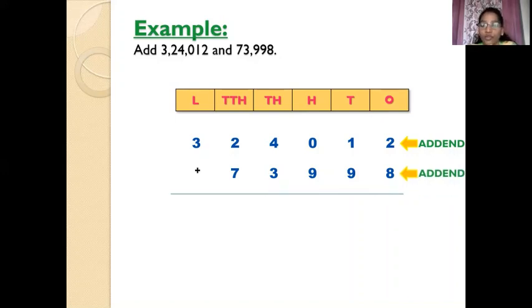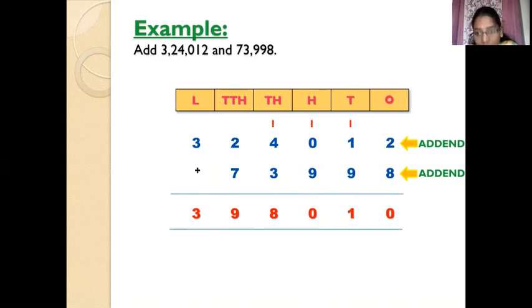Now, we are going to add these two large numbers and let's see what we are going to get. That is 2 plus 8, 10. Then 9 plus 1, 10 plus the carry 1, that is 11, right? Again, 1 is carried in hundreds place. So 9 plus 1 is 10. 10 plus 0 is 10.